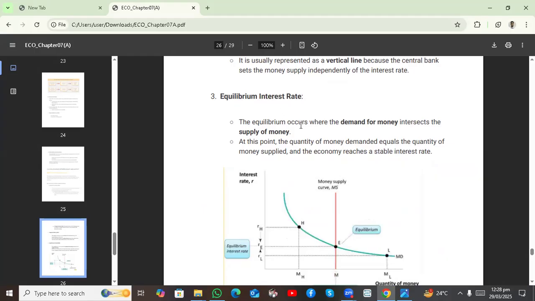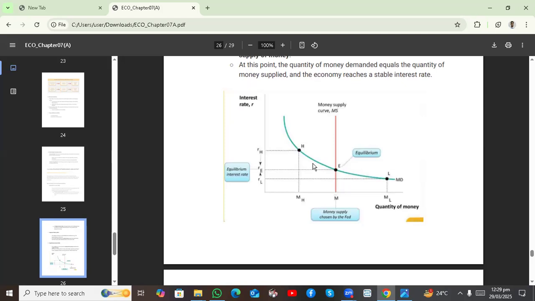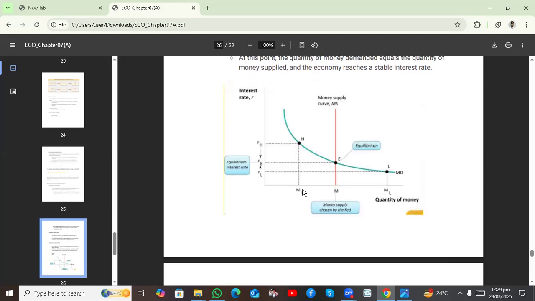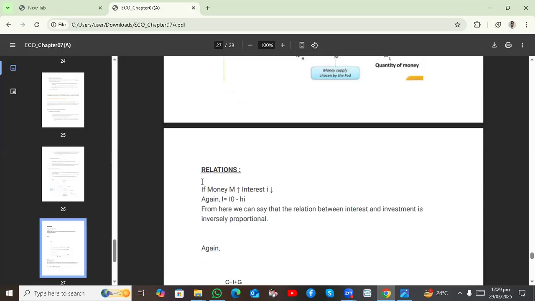The equilibrium interest rate occurs where demand for money intersects the supply of money, and the intersecting point is the equilibrium point. Here you can see three equilibrium points, and at each, supply of money and demand for money are equal. If money decreases, interest increases. If money increases, interest decreases.